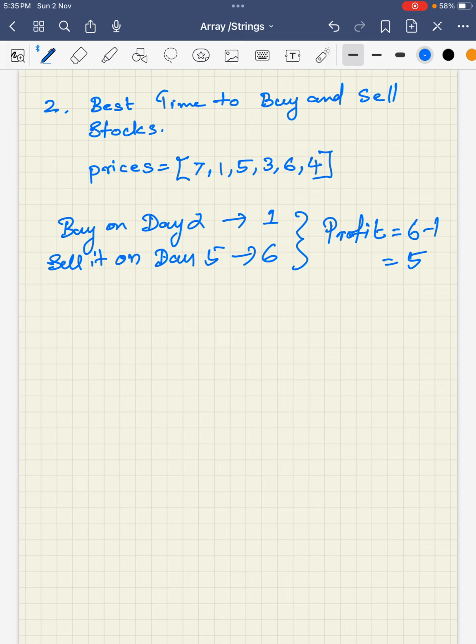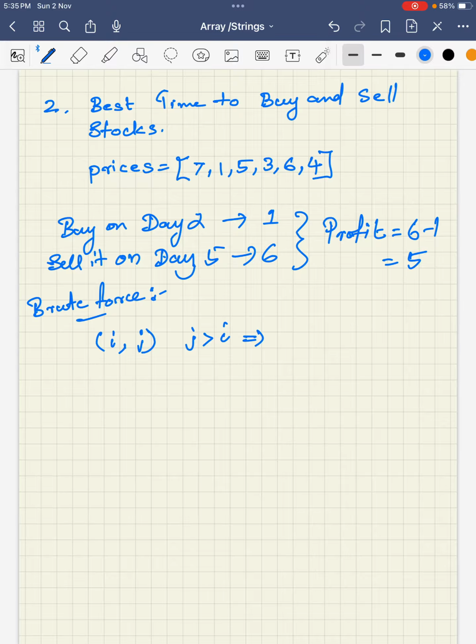How can we solve it? Yes, there is a brute force method. The brute force method is nothing but finding all i, j pairs, with the constraint that j should be greater than i, because you cannot sell before you buy.